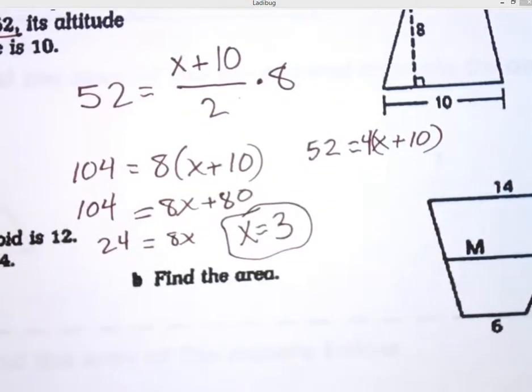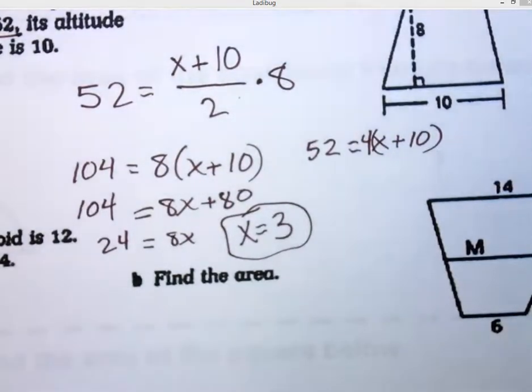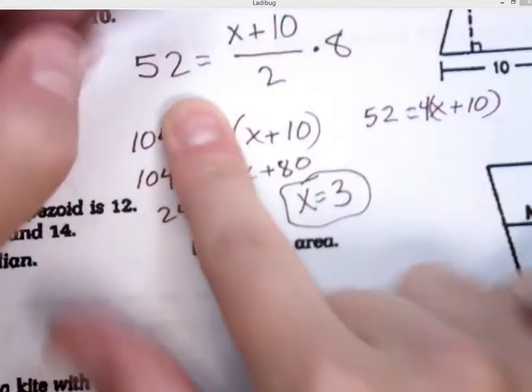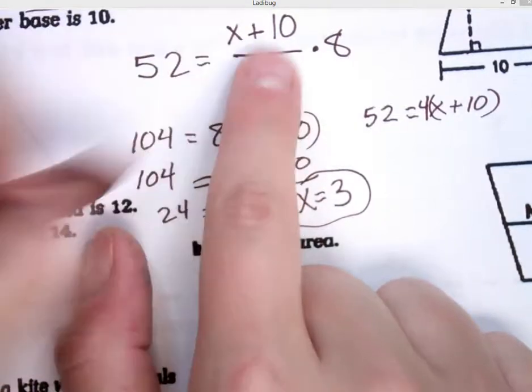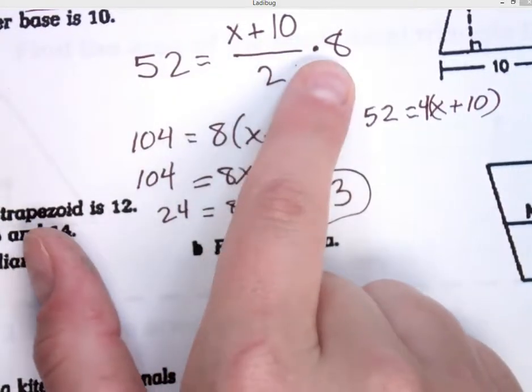So a lot of this is really just plugging in all the numbers and then knowing order of operations, knowing what you can do, because this one's kind of different from all our other problems. It's got an addition sign. One thing I see a lot is people want to take this and make that x plus 5 because it's divided by 2. And they just want to have 52 equals x plus 5 times 8.